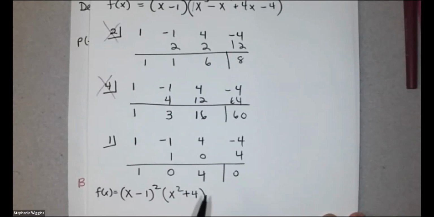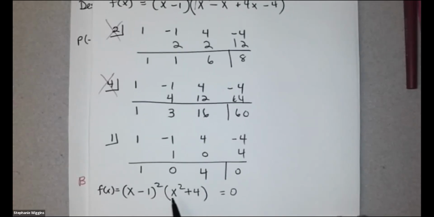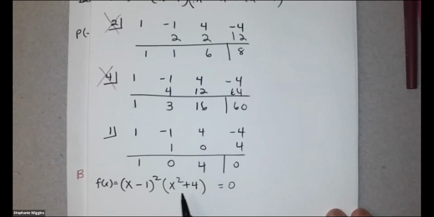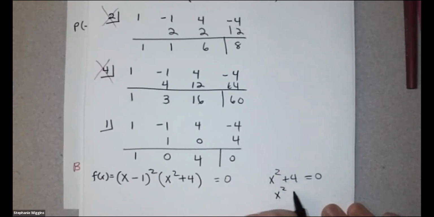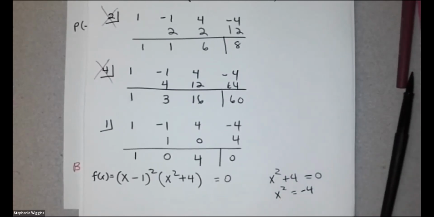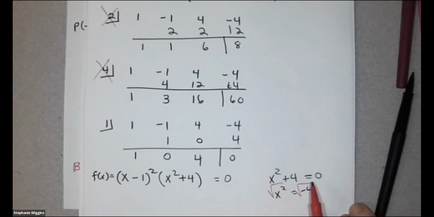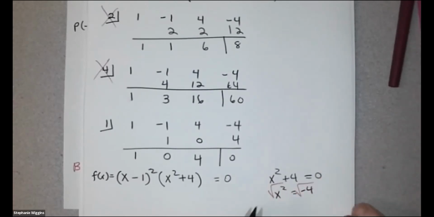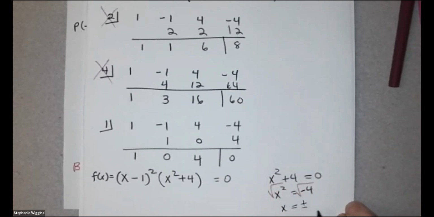And if I want to find the zeros, I'm setting it equal to 0. Well, we already found 1, 0 of multiplicity 2. Now this, you can see, will give me complex or imaginary solutions. So if I set x squared plus 4 equal to 0 and try to solve that, I'm going to get imaginary. And so I'm going to get x equals plus or minus 2i.